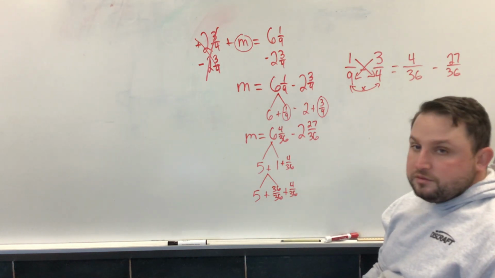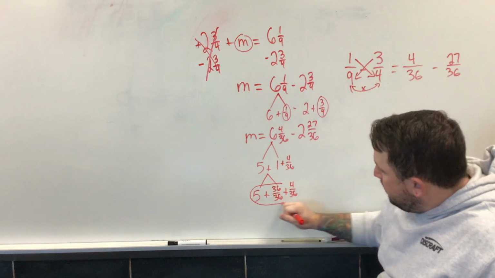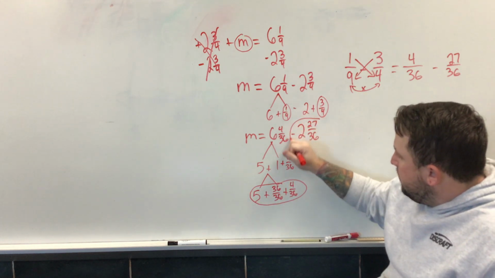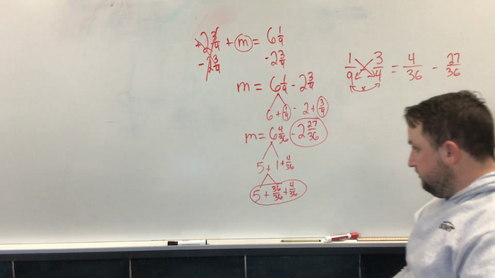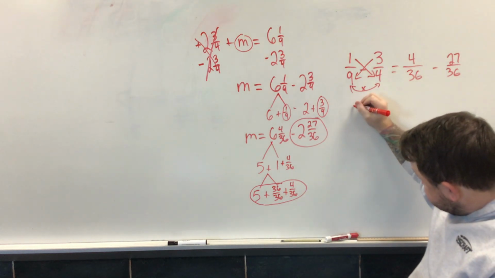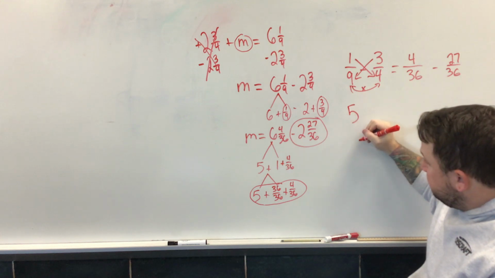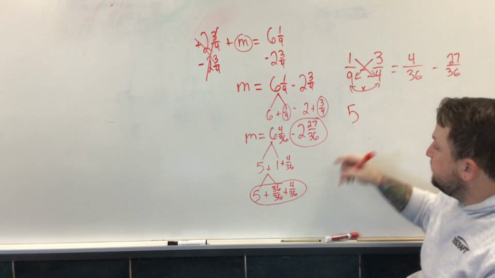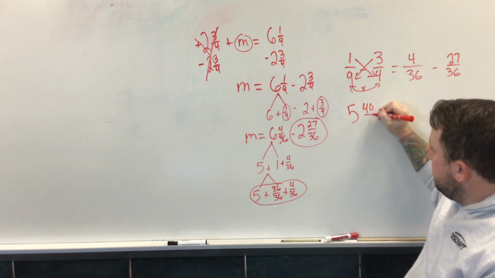So now we're going to take all this information and rewrite this as a problem. 5 plus 36/36 plus 4/36 is going to be 5 and, 36 plus 4 is 40/36.